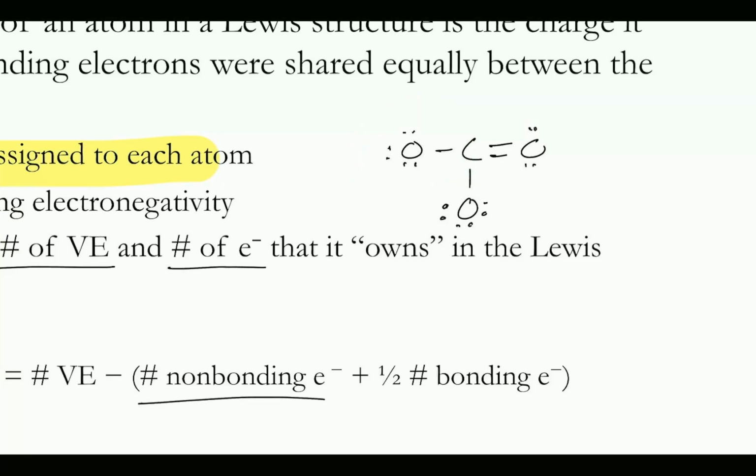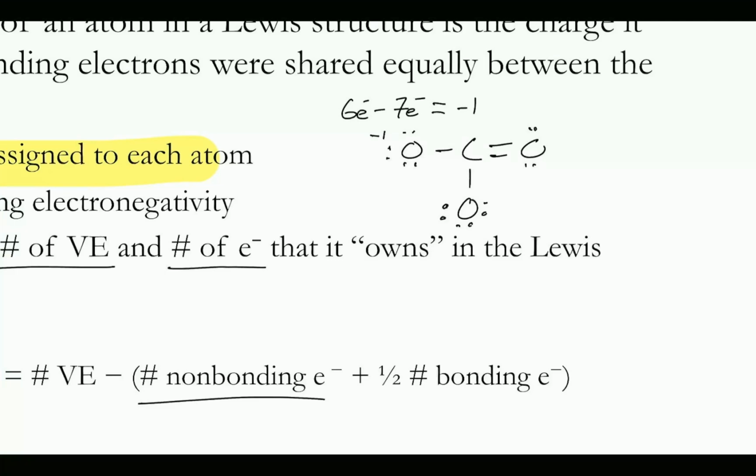One electron here, one electron. So we say this oxygen has 7. Now, how many electrons did that oxygen bring to the party? 6. So 6 minus 7 equals -1. So the charge on that oxygen would be -1.